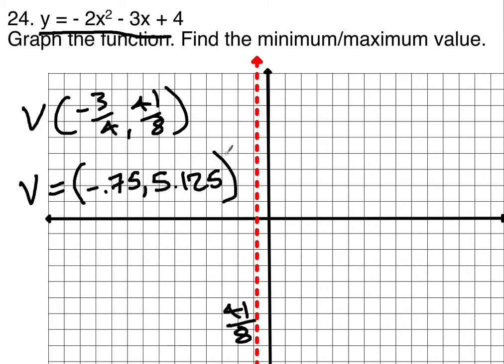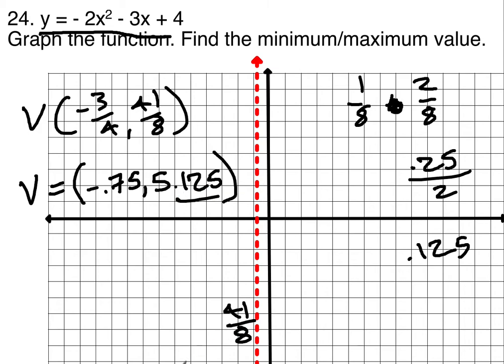I don't know why I was having a hard time thinking about that. 1 over 8 is half of 2 over 8, and 2 over 8 is the same thing as 1/4, so it's 0.25. If I did 0.25 divided by 2, I'd have 0.125. So I should have had that memorized, but for some reason I couldn't remember it, so I had to think through this in my head.